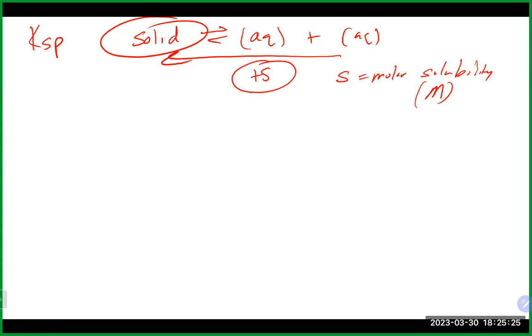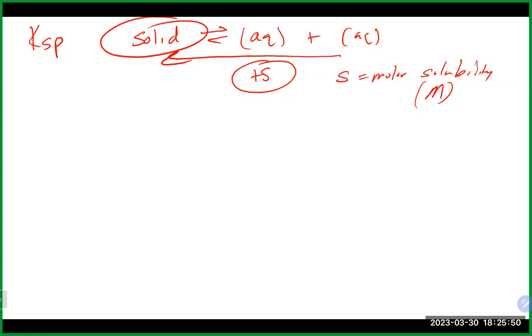And that's where we use Q and the KSP comparison in that particular problem. You can use Q versus KSP to decide whether or not you would get a solid, regardless of what the solubility rules tell you. If the concentration of those ions drops too low, you may not see the solid form as you would expect it to happen.